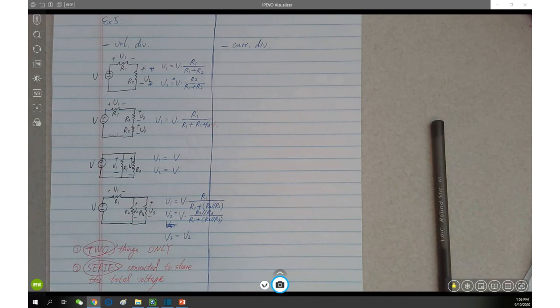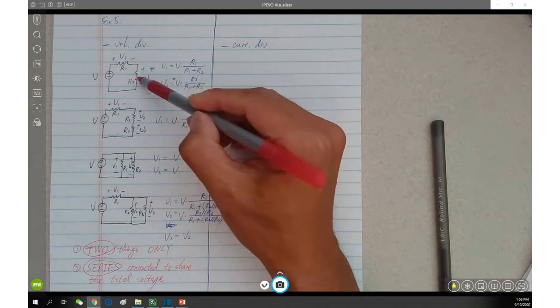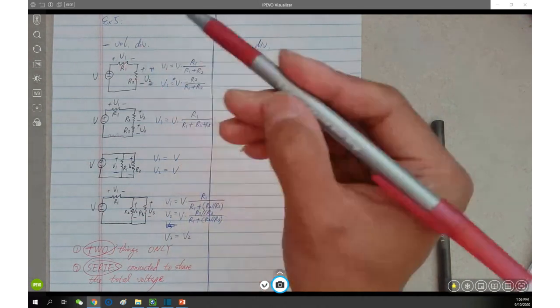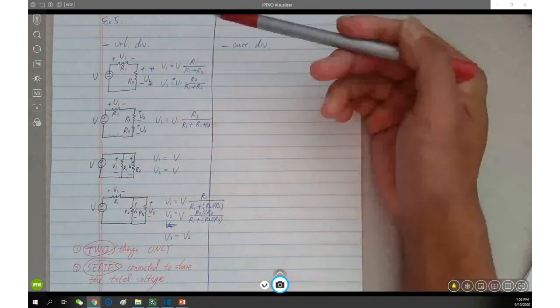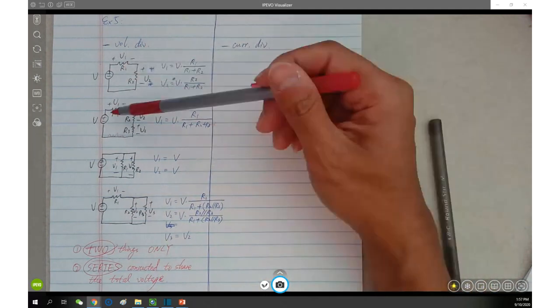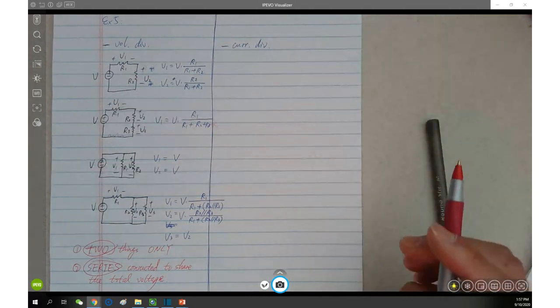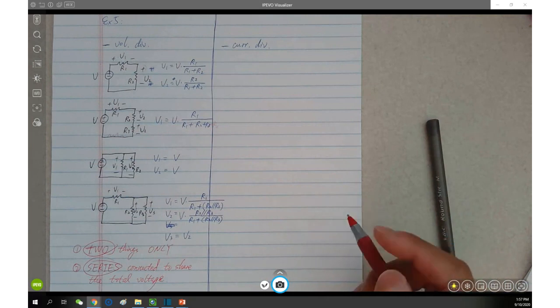Second is series connected. Well, the series connected is easier to understand. However, what I mean by two things and two things only. Look at the first circuit. It's the series connected two things and only literally two resistors there. You don't need to do anything directly. Voltage divider. Look at the second circuit. You have three things, three resistors, R1 through R3. So what do you need to do? You need to do combination.